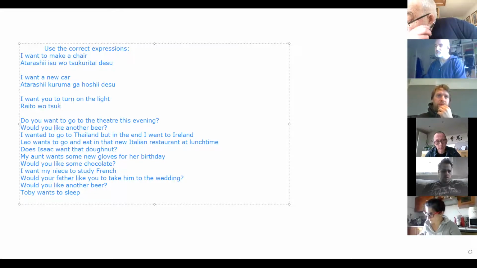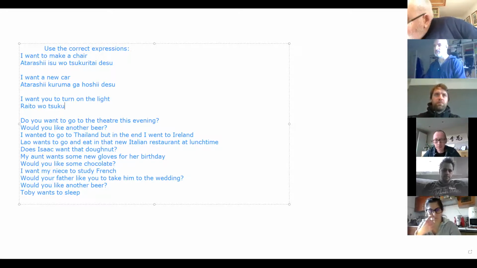Okay. What verb is this? Tsukete hoshi. So it's a te-form, but it's not tsukuru. The verb is tsukeru. Tsukeru. Yeah. Hoshi desu. So what do we do with tsukeru? So, tsukete. Right. Tsukete hoshi desu ne.